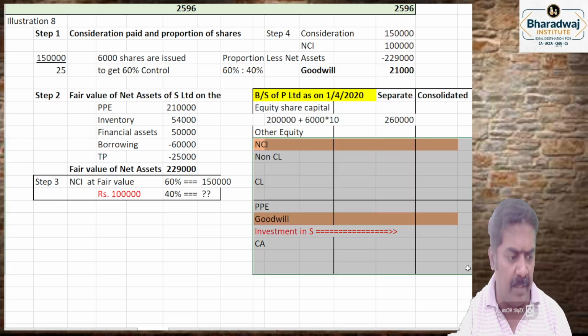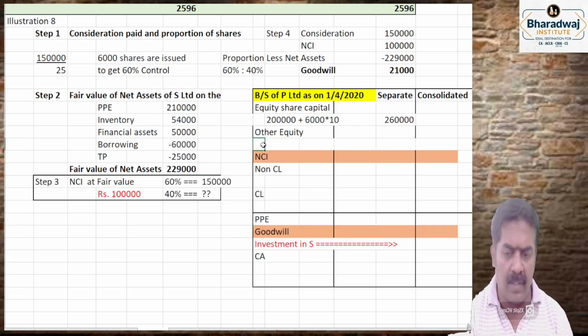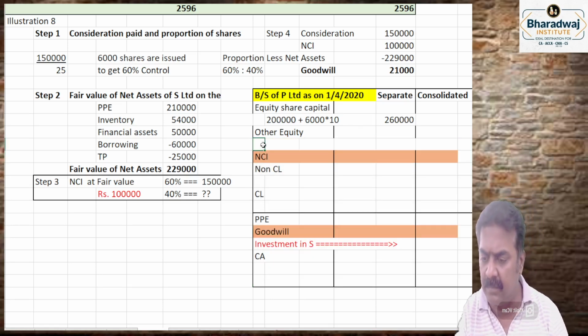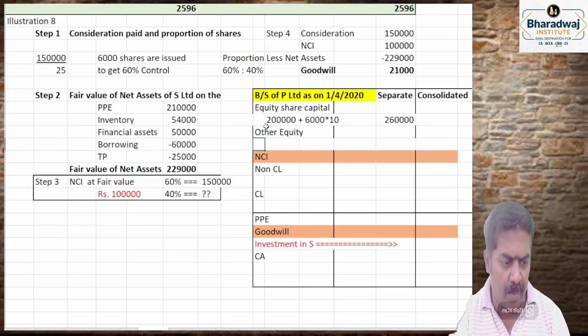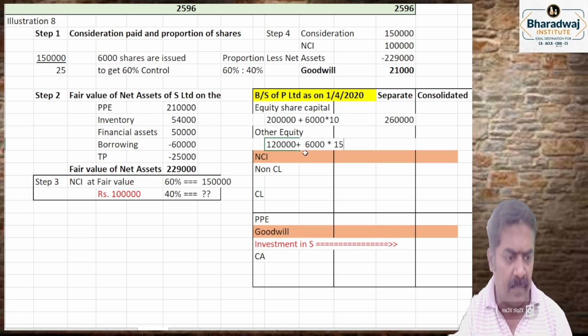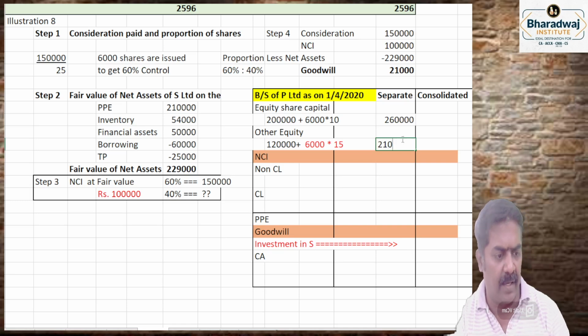When you do other equity, what will come? What is other equity given? 1,20,000 plus the 6,000 shares issued at a premium of 15. Market value 25 rupees, face value 10 rupees, premium 15 rupees. 2,10,000 will come.